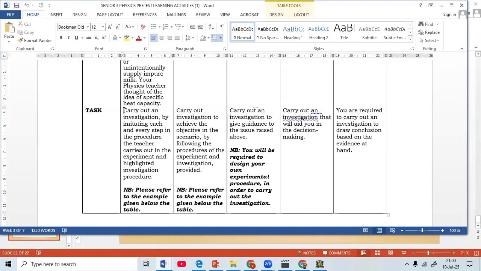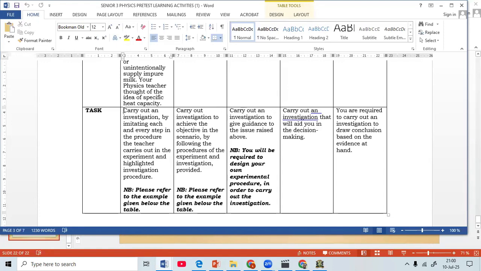Then I move from the point where the child follows the steps to where the child does the practical, then to the time when the child can do it without instruction, and later the child comes up with their own. You can keep on adjusting.